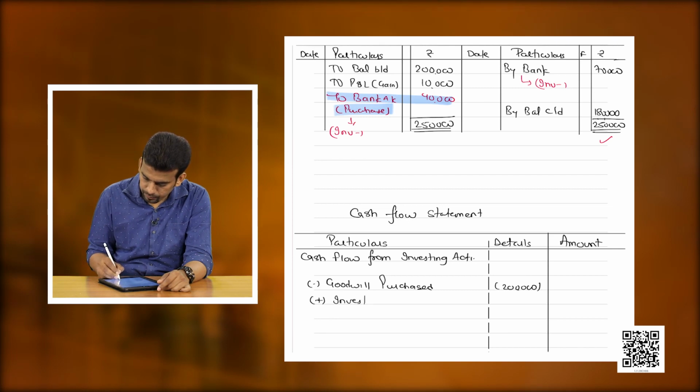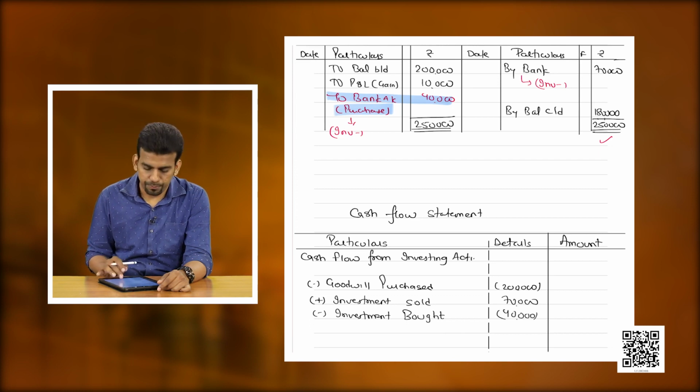Plus investment sold 70,000, minus investment bought 40,000.